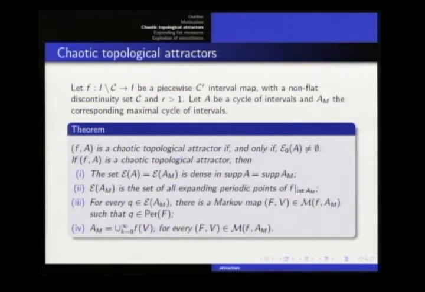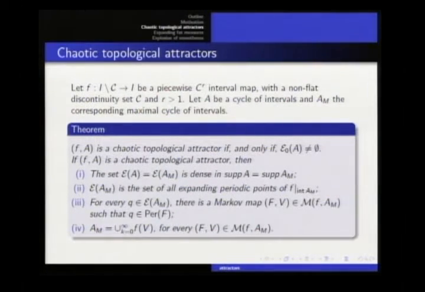The maximal cycle of intervals also has this nice property: if we start with a Markov map and iterate the set forward, we get the full maximal attractor, the maximal cycle.